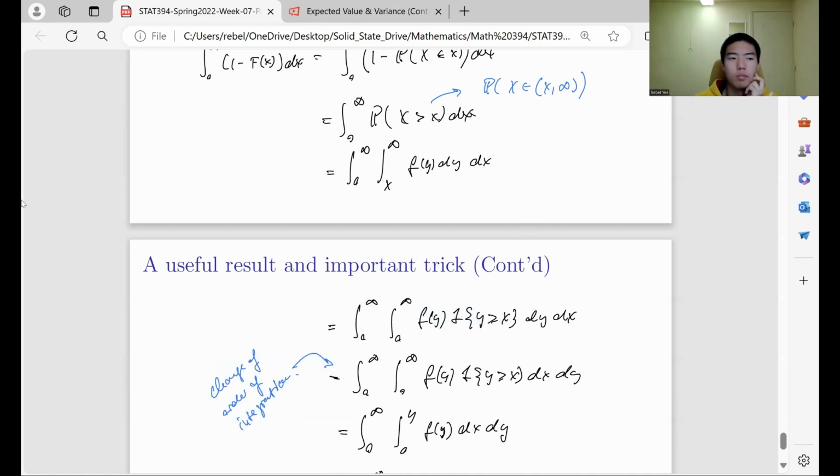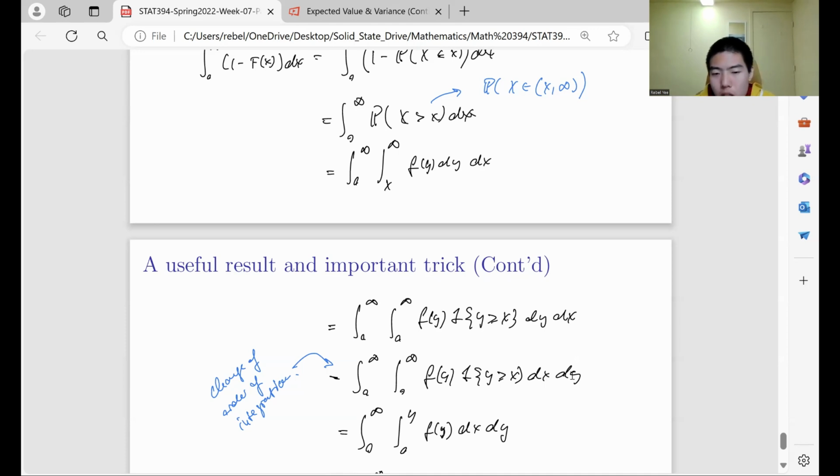So it actually becomes x to infinity without this indicator function. And the next step, we just apply Fubini's rule. I remember there's a rule called Fubini's rule. With it, we can swap the inner integral and the outer integral.